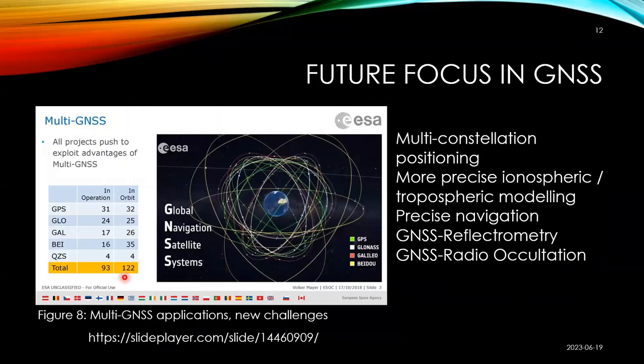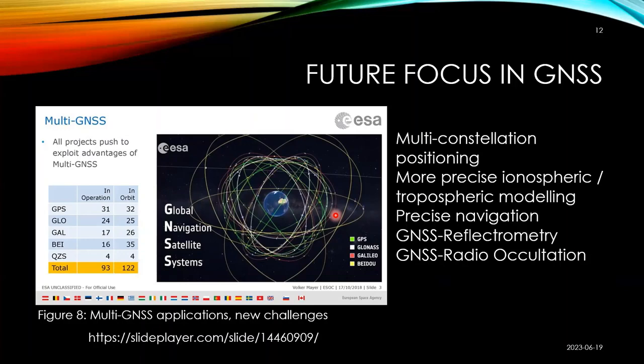We have many satellites, as you see in the image here. The many satellites all around the Earth are moving, and in the future, we will be able to use all of the satellites for positioning. So much more redundancy than we have now.